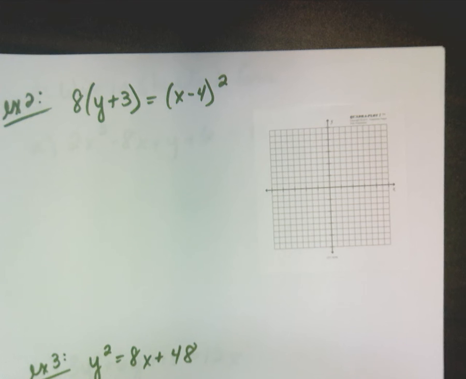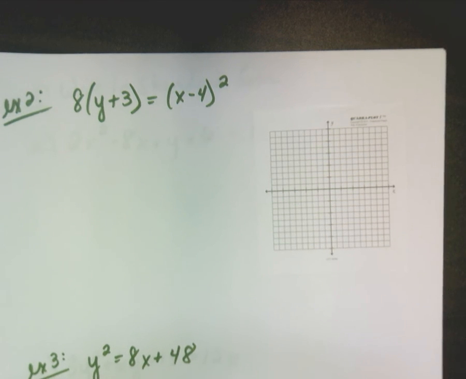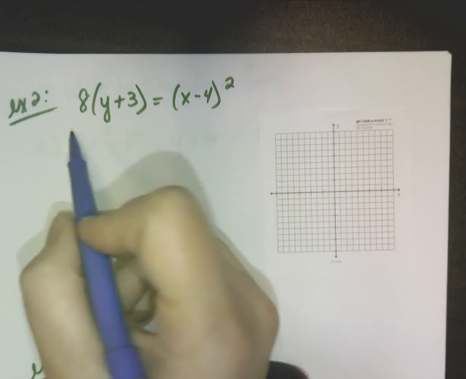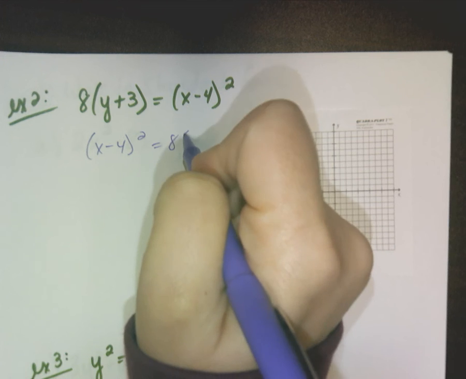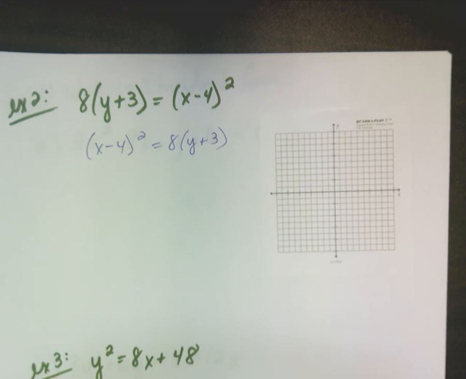8 times (y + 3) equals (x - 4) squared. If you want to pause the video, you can and do it yourself, or you can watch me. First of all, I don't like the way this is written. I like my squared to be on the left side. That's just me.